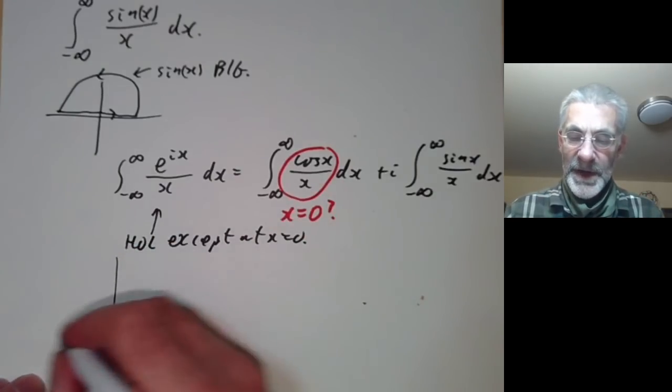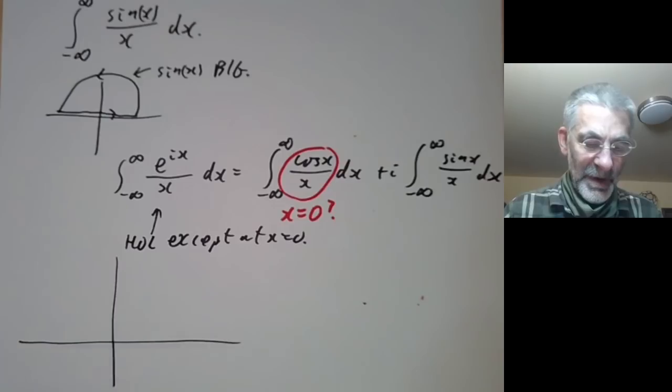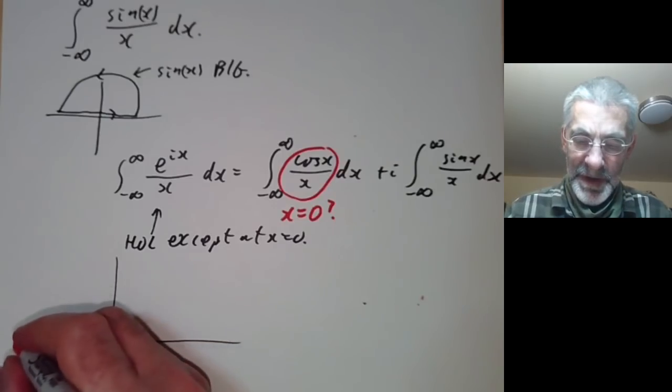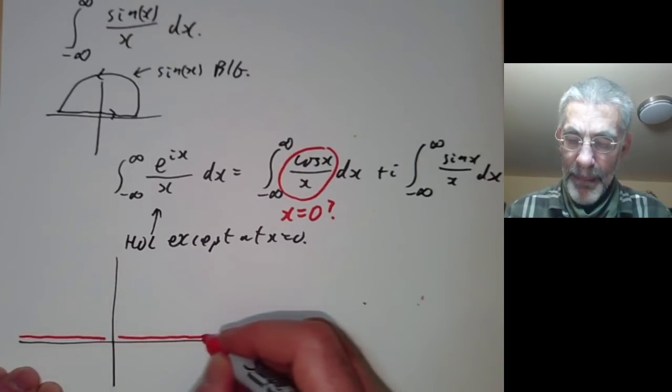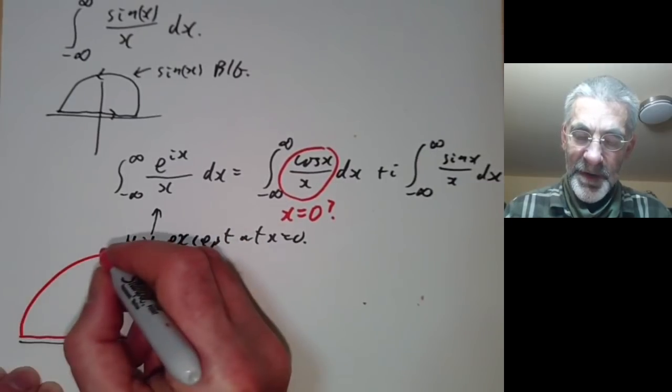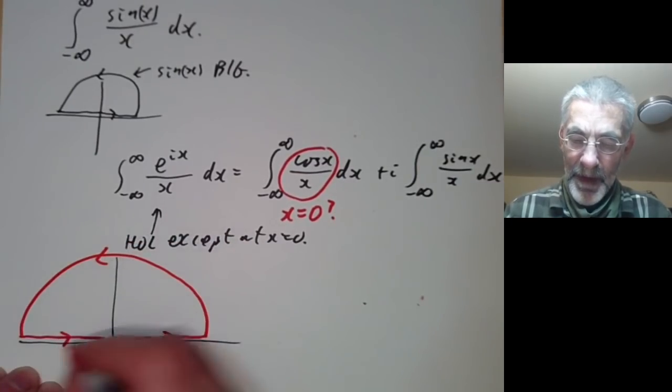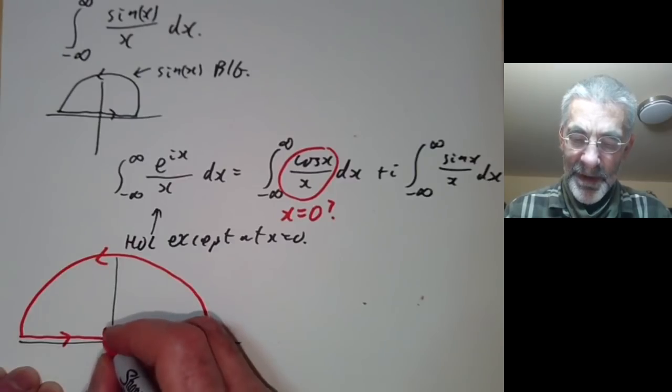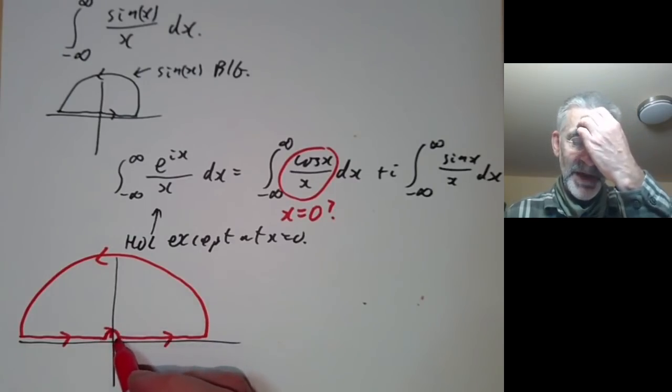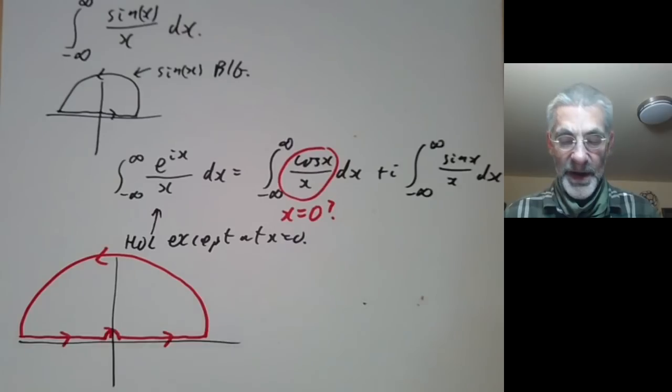Well, what we do is we look at the following contour. What we do is we integrate round a big semicircle, and we also integrate round a little semicircle. And you notice this little semicircle avoids this problem here. So let's stop and think what we've got.